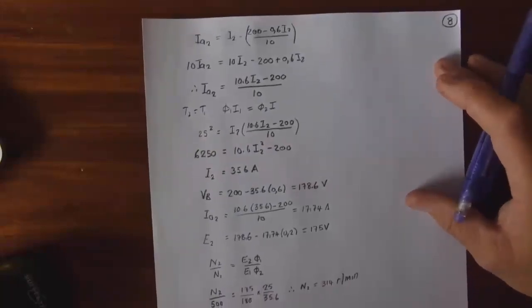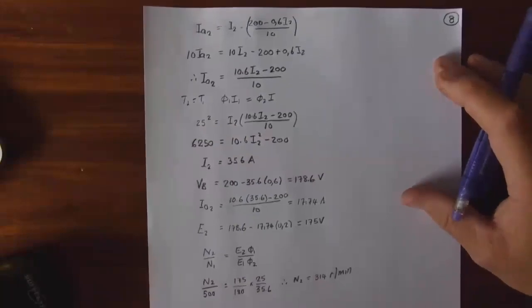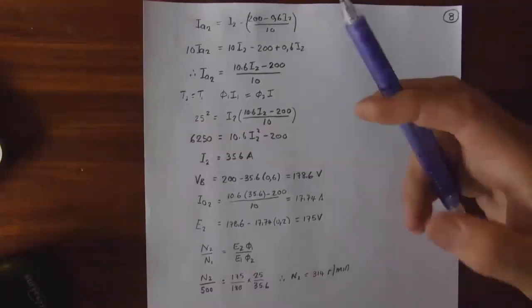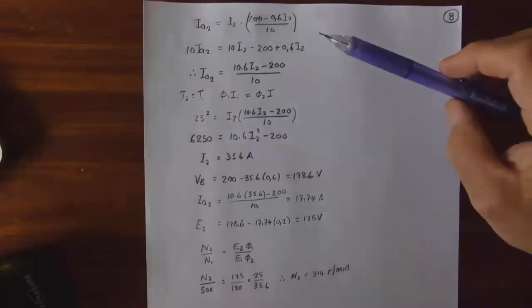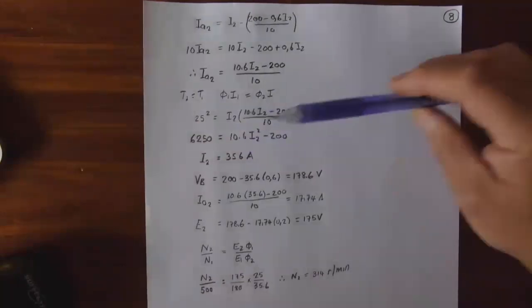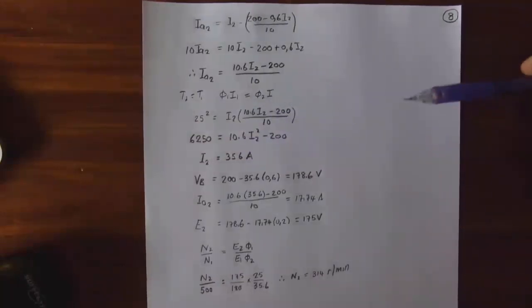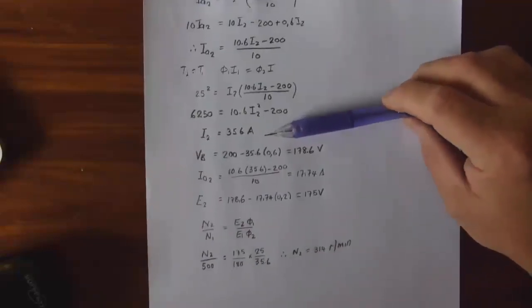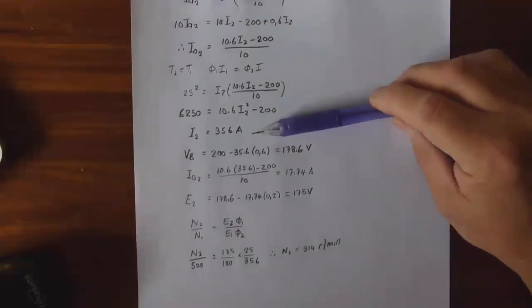And if we finish that equation, we find that IA2 is equal to 10.6 I2 minus 200 divided by 10. And then, the torque relation, 25 squared, which is the current, is I2 times 10.6 I2 minus 200 divided by 10. And if we solve that equation, we find that I2 is 35.6 amps.